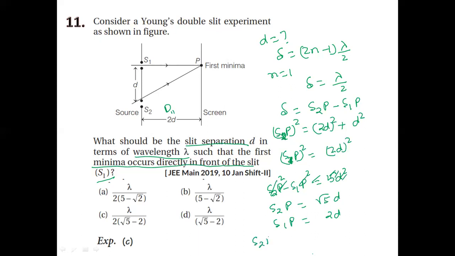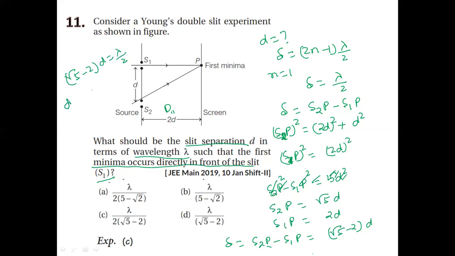So S2P minus S1P is equal to root 5 minus 2 into D. This is the path difference delta, so root 5 minus 2 into D is equal to lambda by 2.